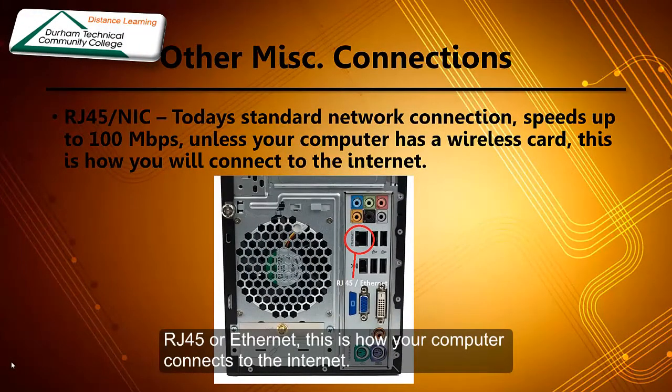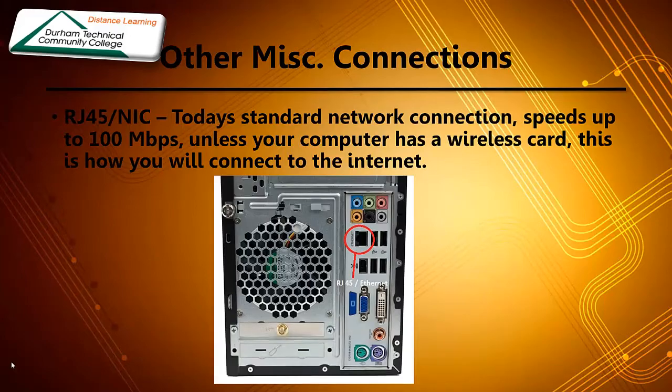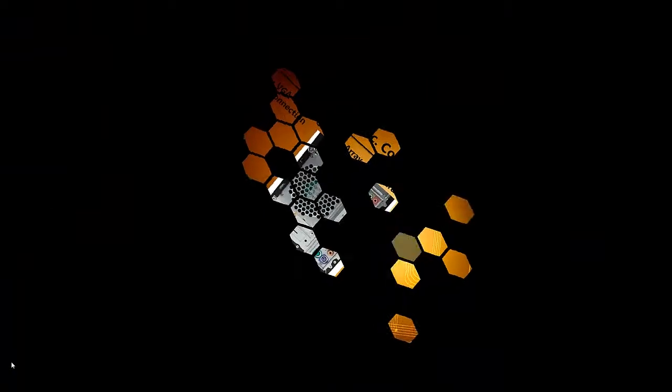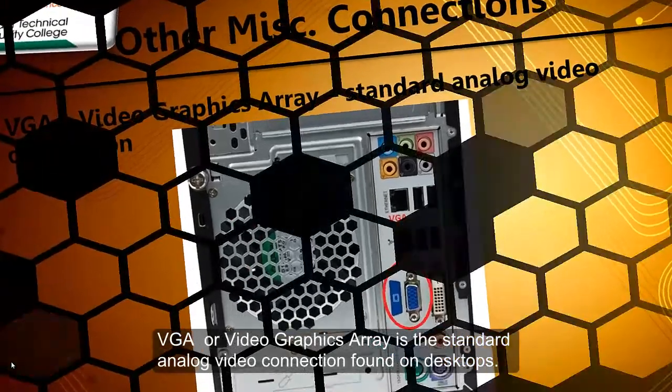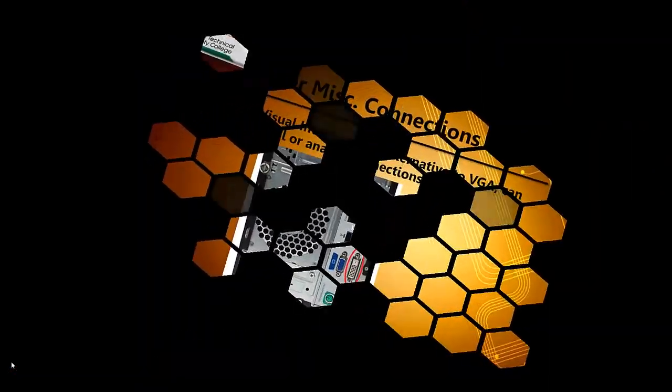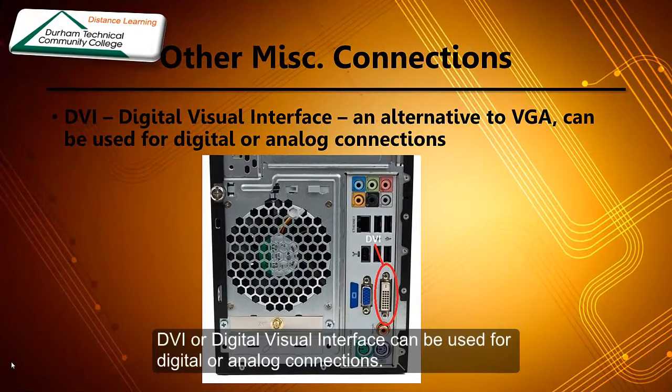RJ45 or Ethernet. This is how your computer connects to the internet. VGA, Video Graphics Array, is the standard analog connection found on desktops. DVI, or Digital Visual Interface, can be used for digital or analog connections.